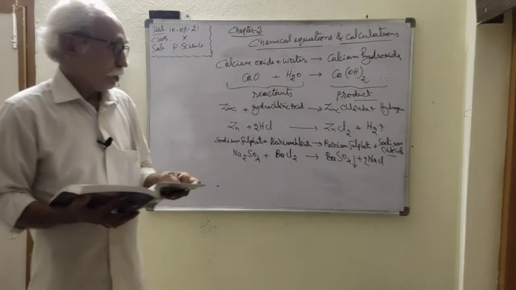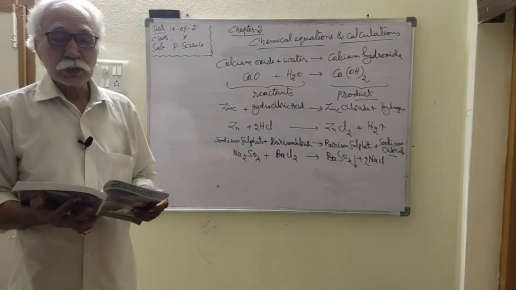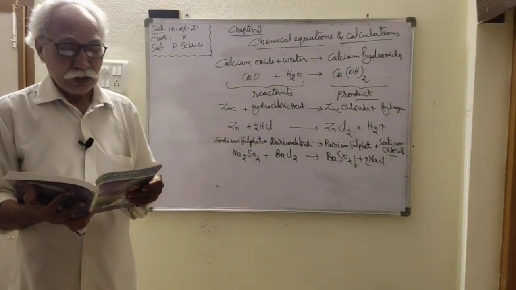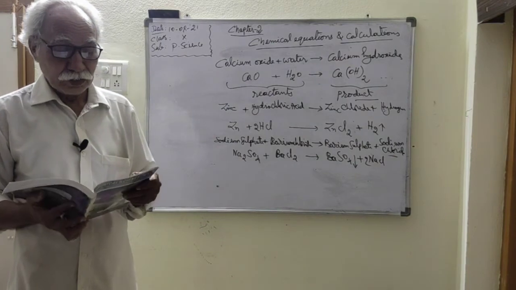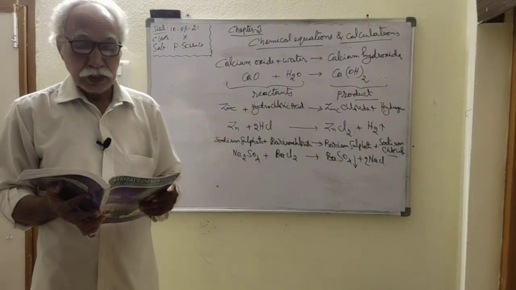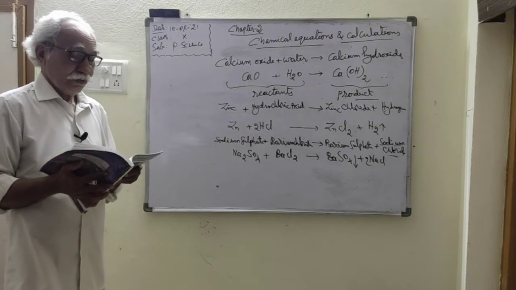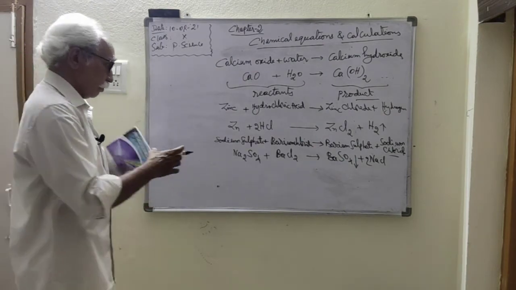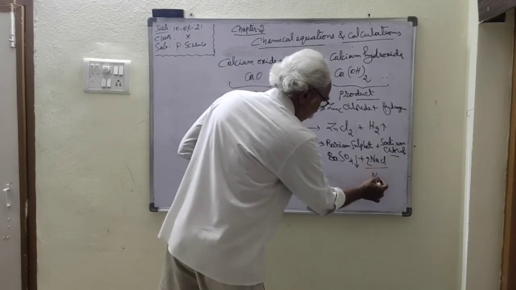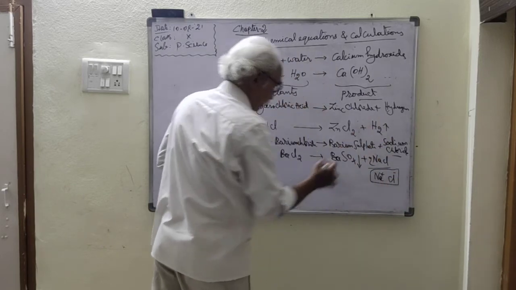Say, for example, sodium chloride. In a sodium chloride crystal, one sodium ion and one chloride ion together is called one formula unit. One formula unit of sodium chloride is one Na plus ion and one Cl minus ion.